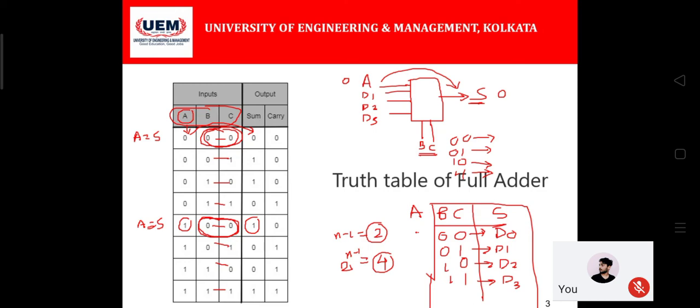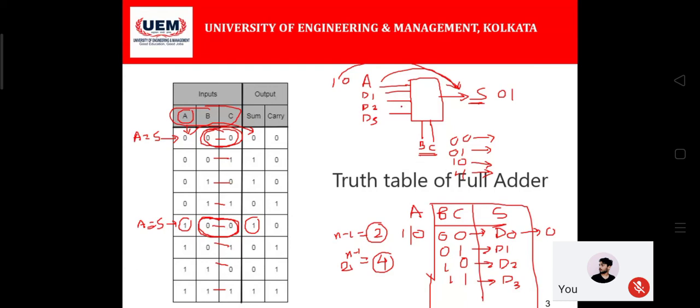So when BC is 0, if A is 0, what I get as the sum is 0. If A is 1, if I have provided A as 1, that value will directly go to the out, creating a value of 1. So here two of the iterations, when A equals to 0, sum gets 0. When A equals to 1, sum gets 1.